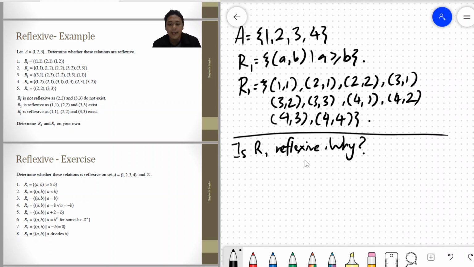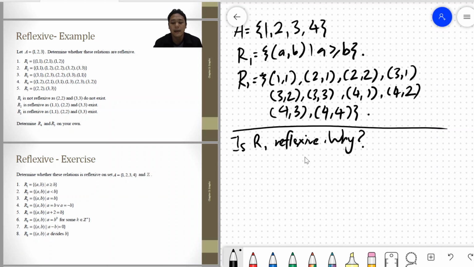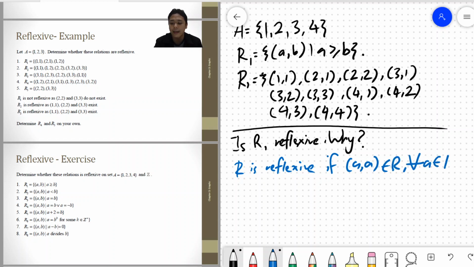As it has been established, the concept of reflexive, the definition is given like this: R is reflexive if (a, a) is inside R. Don't forget, for all a in the given set, for all elements in the given set.